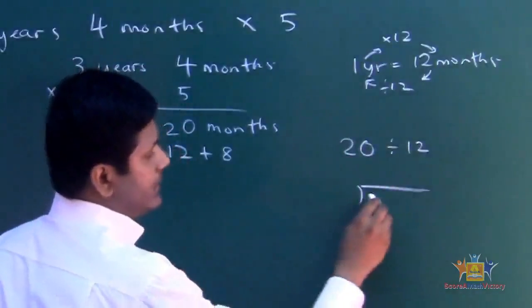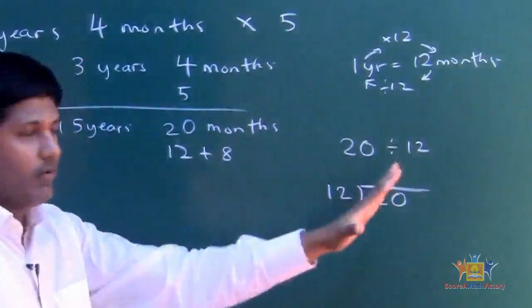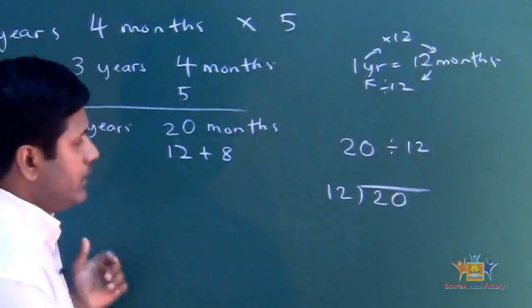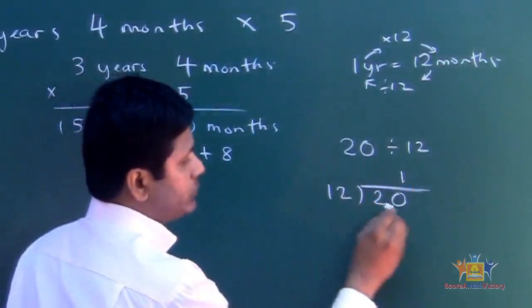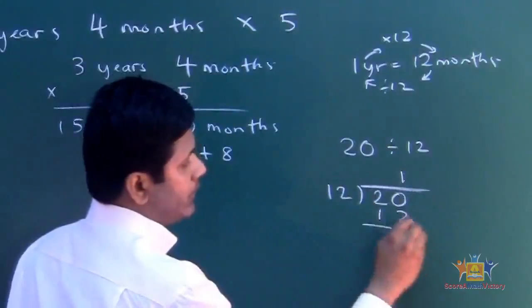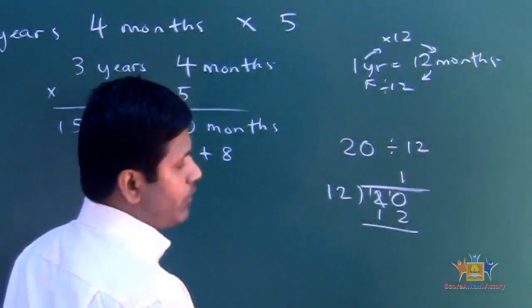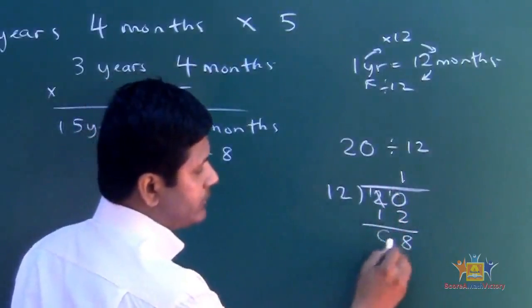So 20 is kind of into Mr. Mac. I'm going to put it inside the cage. 12 is kind of divide away from Mr. Mac. It's outside. I'm going to put it outside the cage. Okay. So in 20, there's how many 12? 1. 1 times 2 is 2. 1 times 1 is 1. So 0 minus 2, I cannot, borrow from 2. 2 becomes 1. 1 carried here becomes 10. 10 minus 2 is 8. 1 minus 1 is 0.